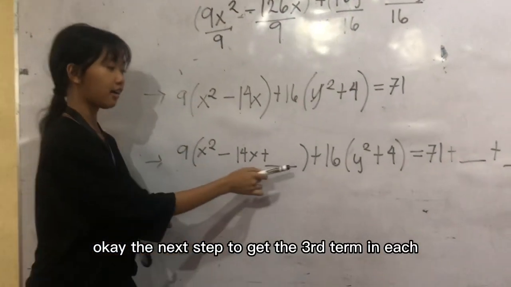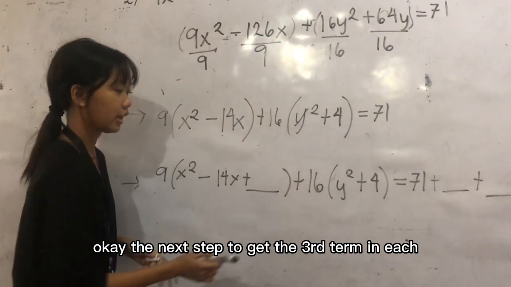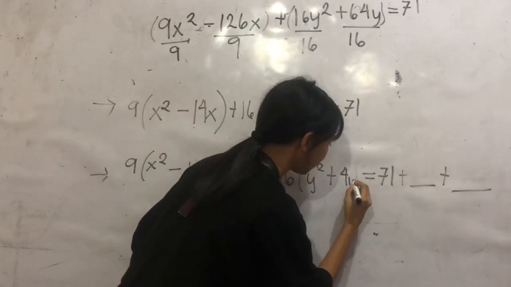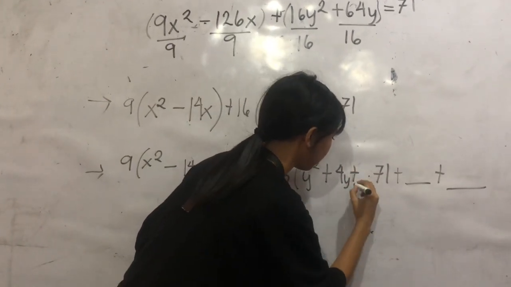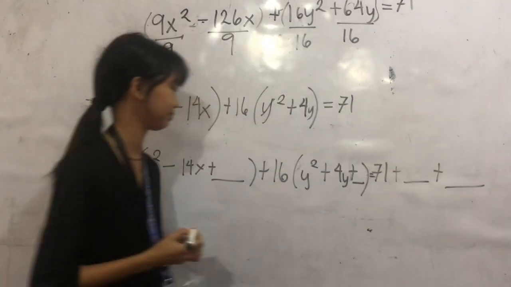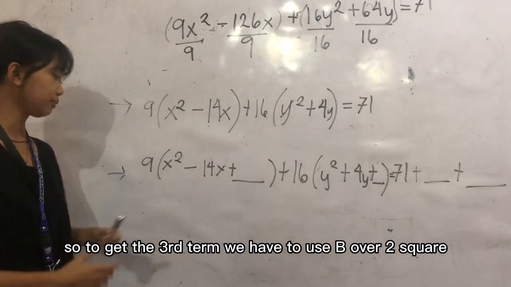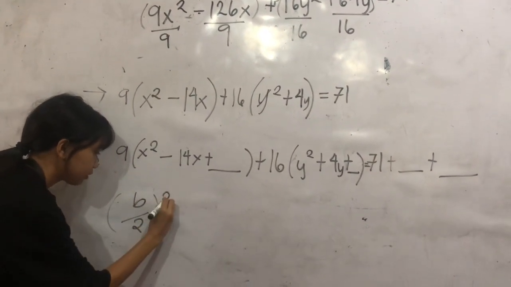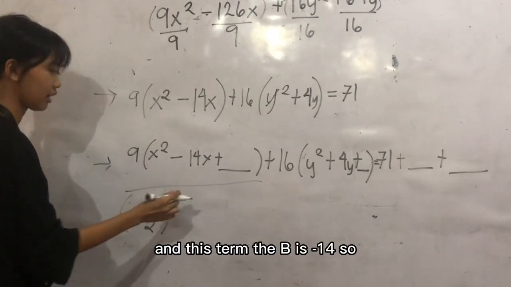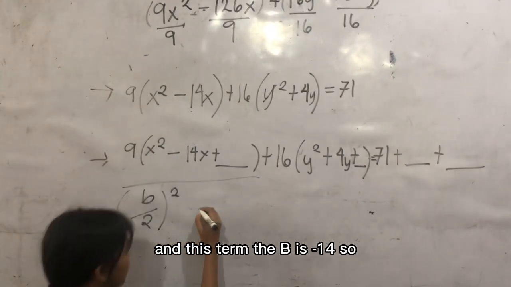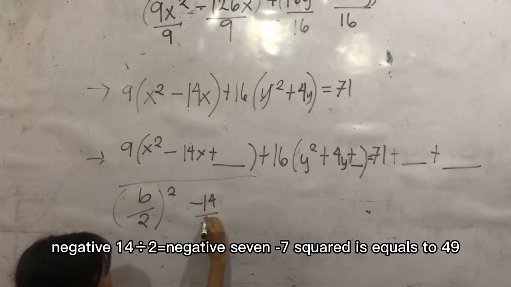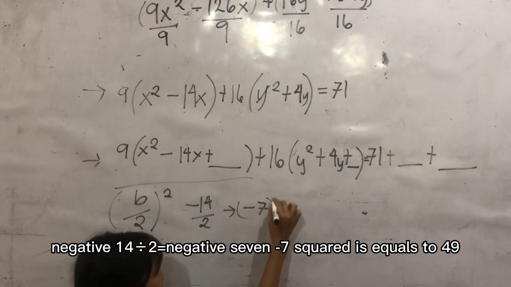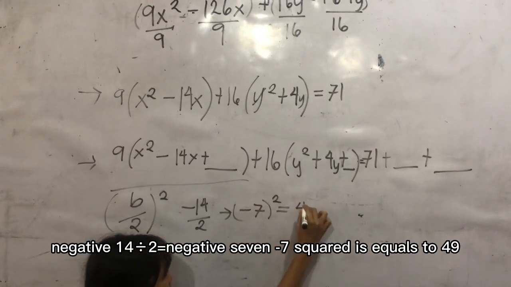The next step is to get the third term in each group. To get the third term, we have to use b over 2 squared. In this term, the b is negative 14. So negative 14 divided by 2 is negative 7. Negative 7 squared is equal to 49.